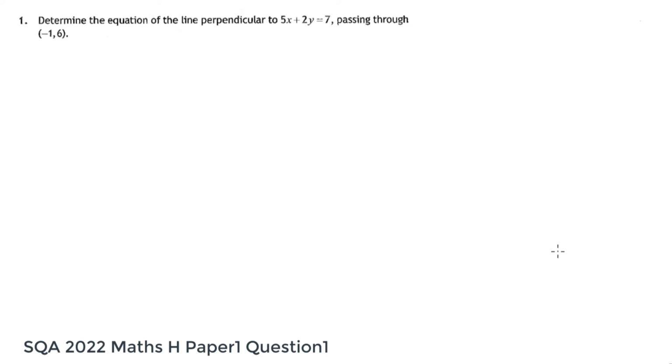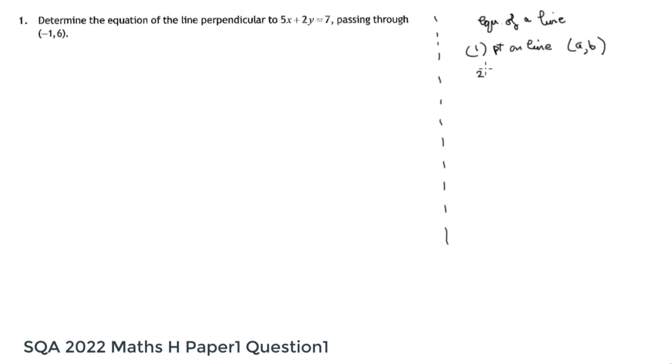So here's question 1, and we're asked to determine the equation of the line that's perpendicular to the line with this equation. And we're told it passes through the point -1, 6. Now, just before we get into this, a reminder: if we're trying to find the equation of a line, there's two things that we should know. First, a point on the line, and let's suppose its coordinates are a and b.